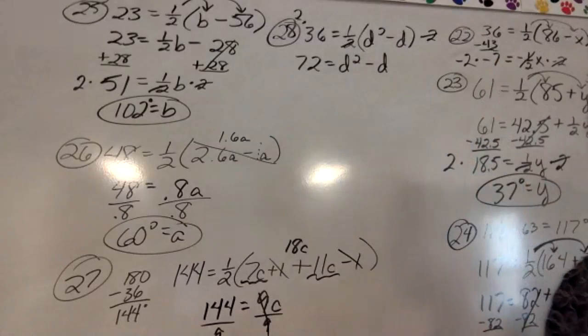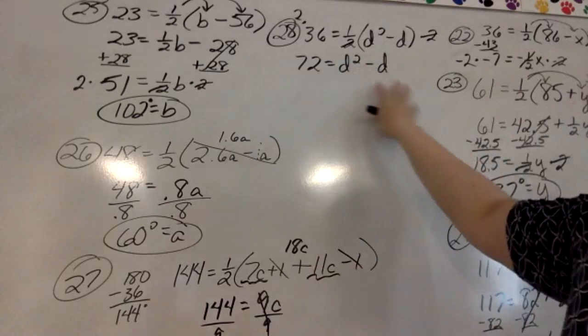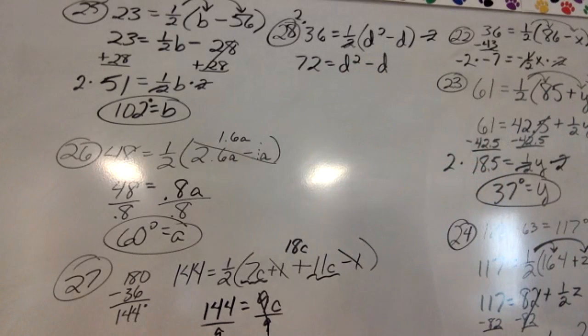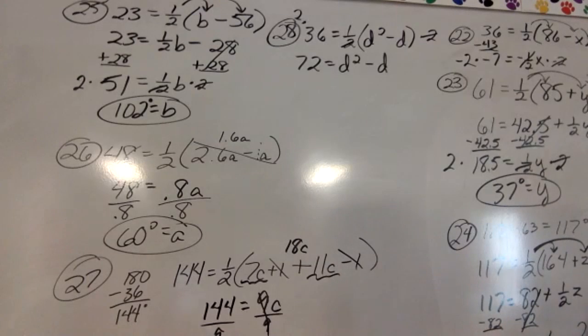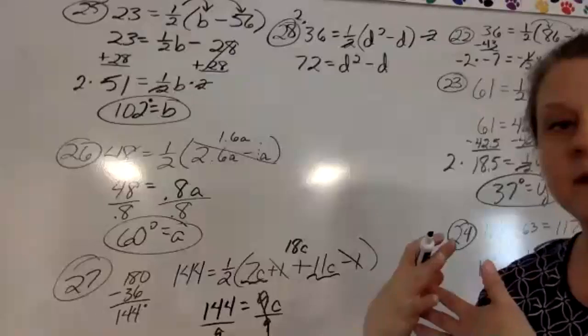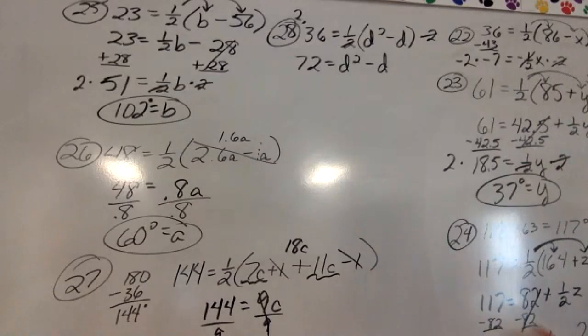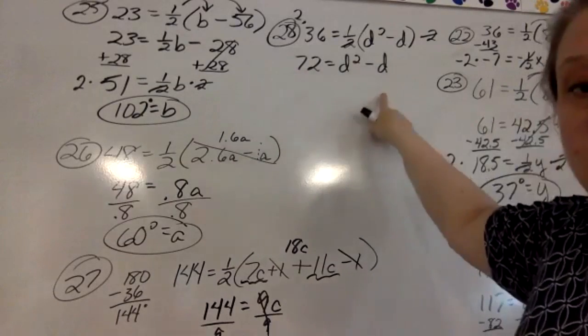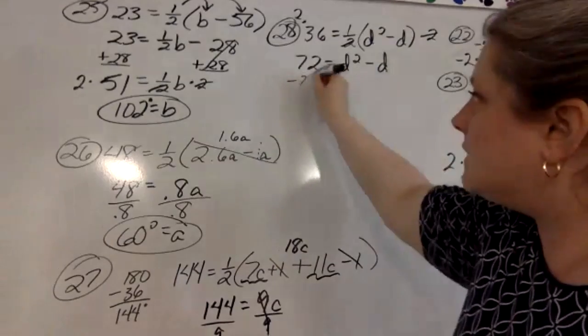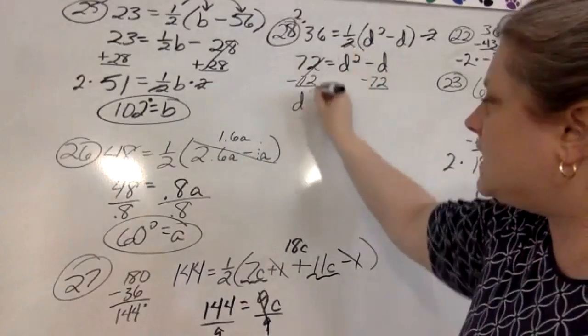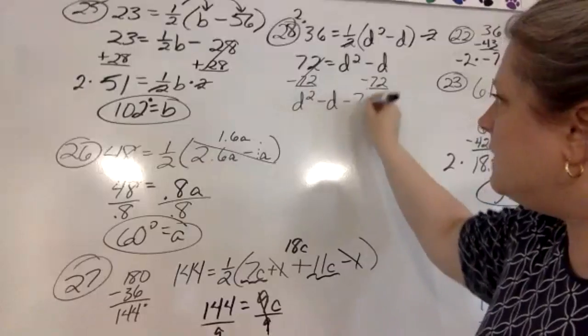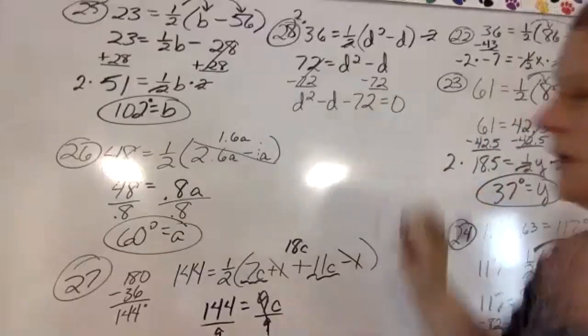That's going to be easier to work with than having the half in here twice. Now, when you have a quadratic equation, you got to get everything on one side so it's equal to 0. So to move the 72 over, I subtract 72 from both sides. So d squared minus d minus 72 is equal to 0.